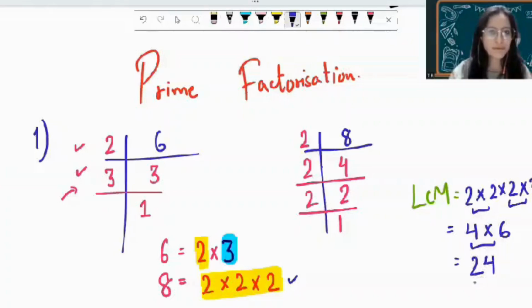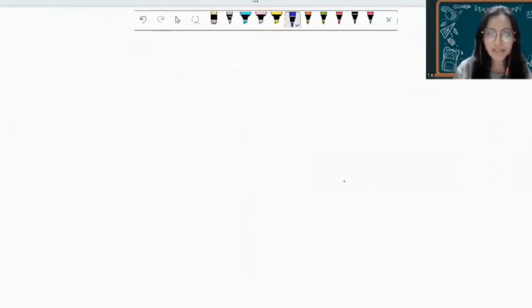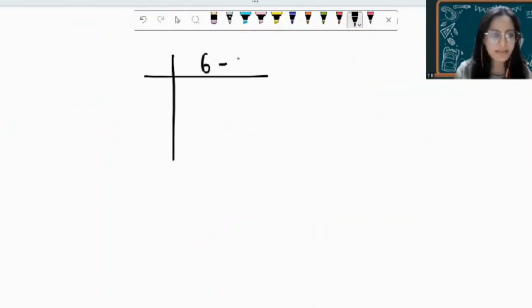Now there is one more way of calculating LCM, just like prime factorization, which you can see is much easier. That is, we can take both of the numbers together, 6 and what was it? 8. Let's take 8 here. Yes. So here, let's choose a number which can divide either of the numbers.